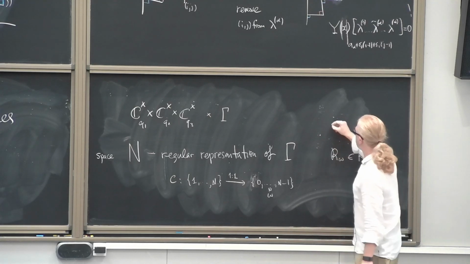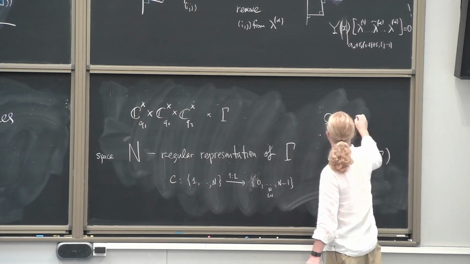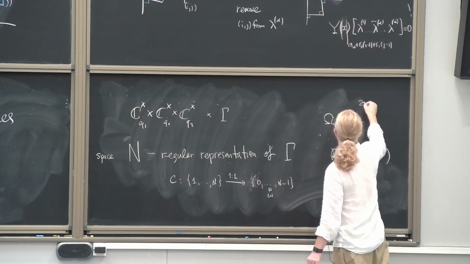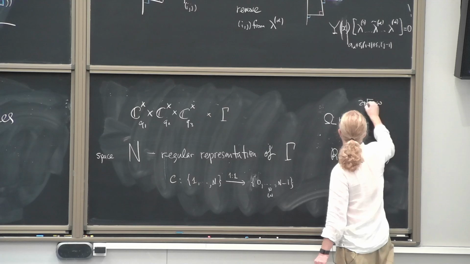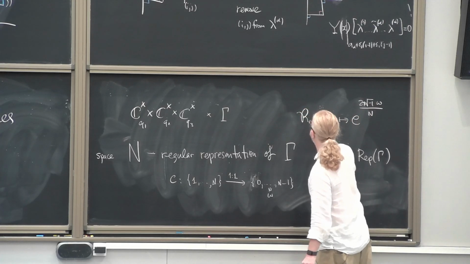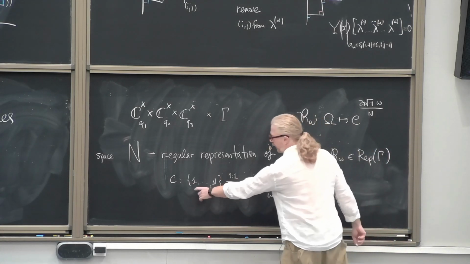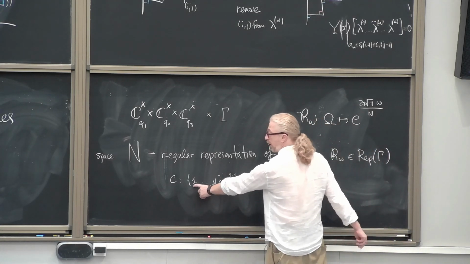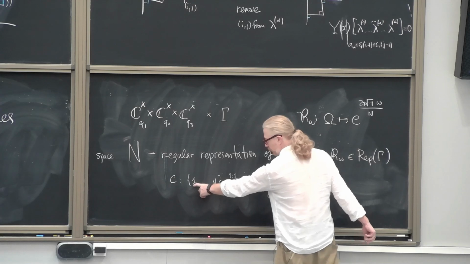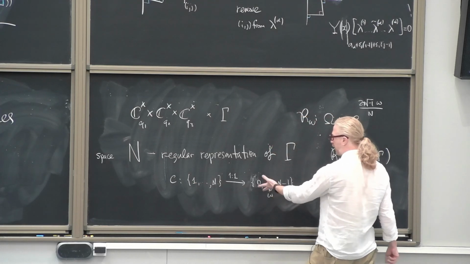And so R omega is the representation in which the generator acts by multiplication by e to the 2 pi square root of minus 1 omega over n. So this is the definition of R omega. And so C is some way of coloring, assigning to my colors, which were originally numbers from 1 to n, an additional label.